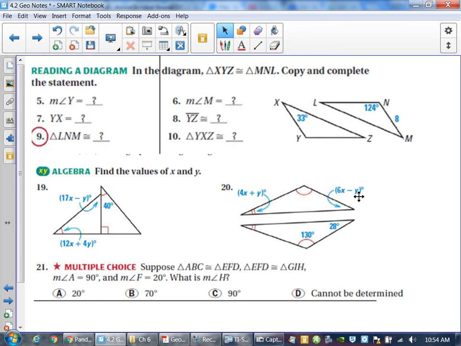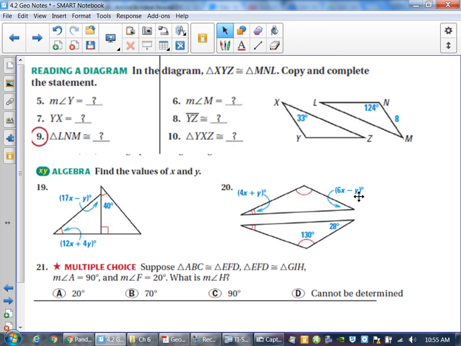Can I have all the markers? Can I have that purple one because it's darker? Thank you. When you have systems of equations, what you're looking at here is, if I'm not mistaken, the one with the tick mark is what, 12x plus 4y? That one matches up to what angle on the other side? 40. So I know this, 12x plus 4y is 40.